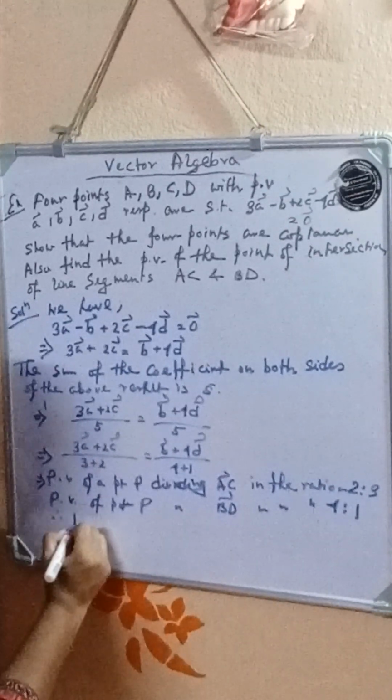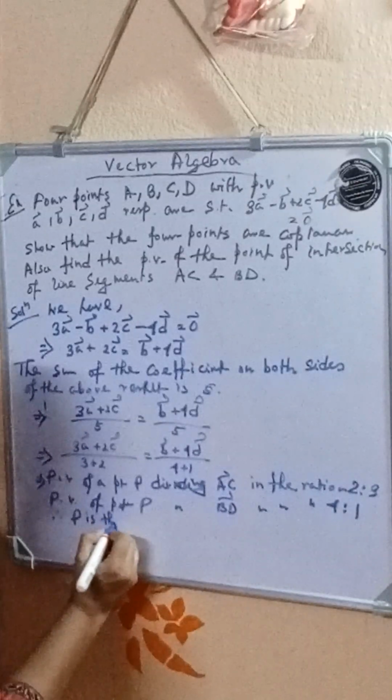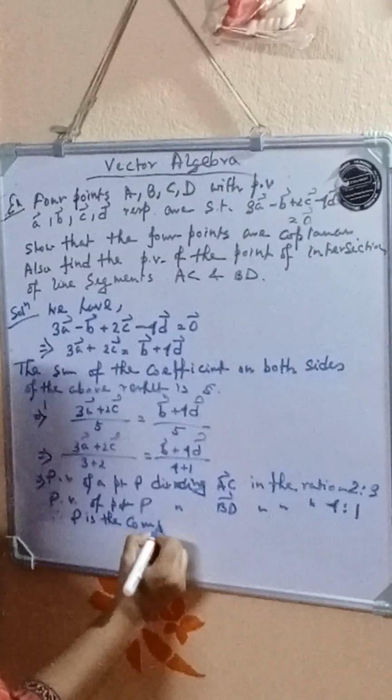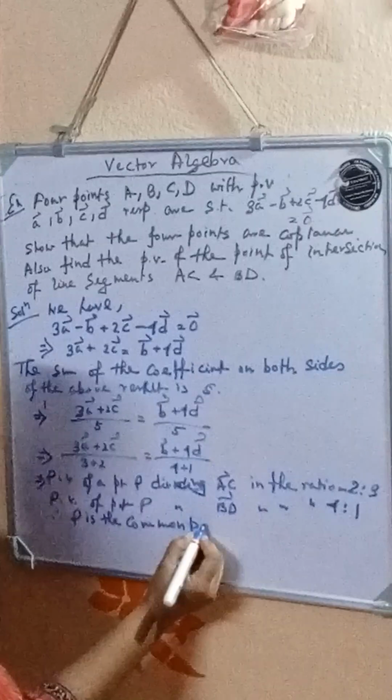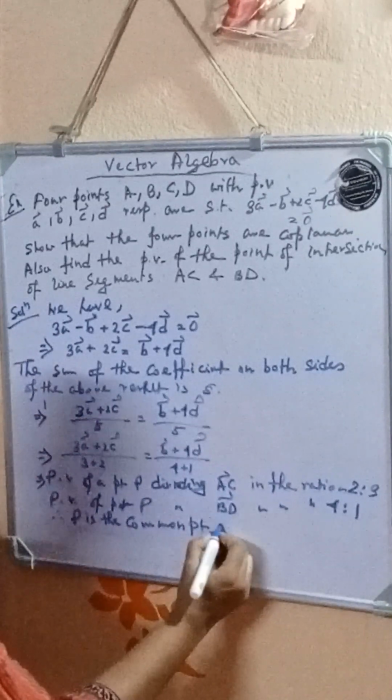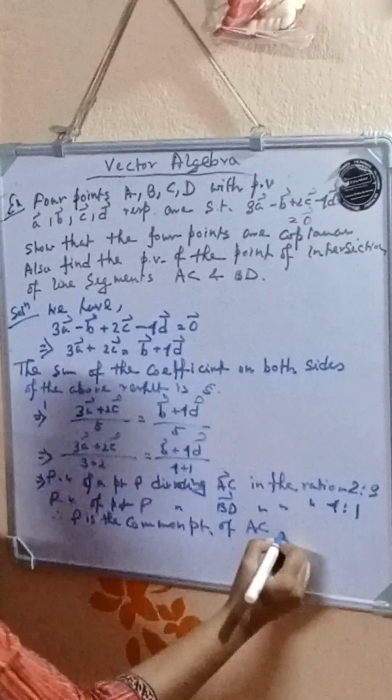Therefore, P is the common point of AC and BD.